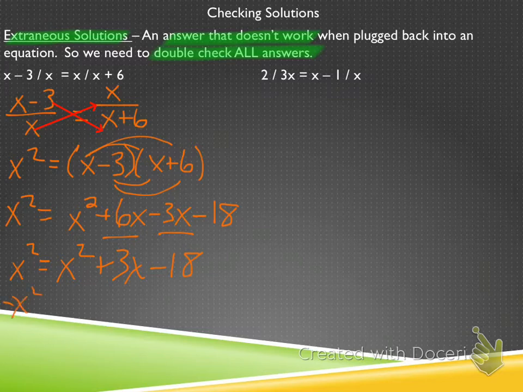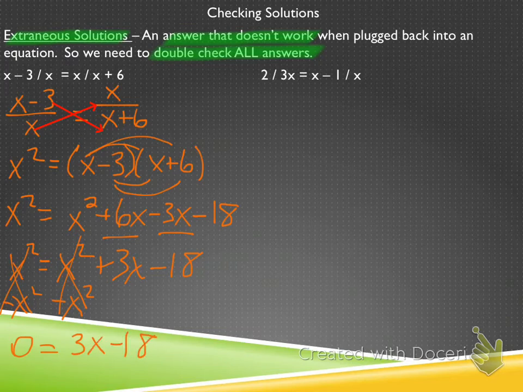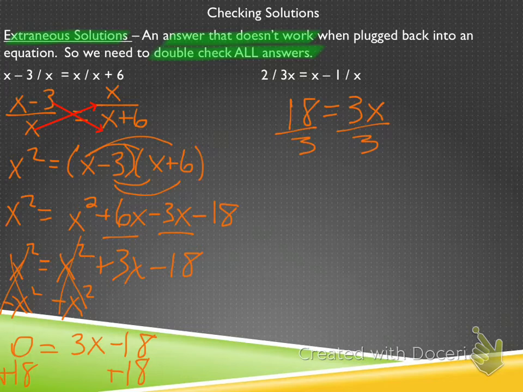Move everything over to the same side, so I know what I'm doing. This cancels out, this cancels out. I'm left with 0 is equal to 3x minus 18. Then it's just a simple linear equation. Add 18 to both sides, get 18 is equal to 3x, and divide by 3. So 6 is equal to x.